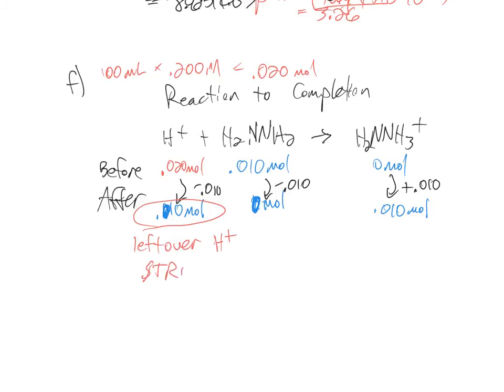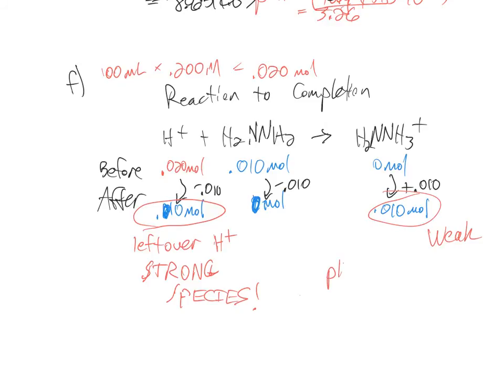If you have leftover strong species, that is going to be what governs the pH, not the leftover weak species. Yes, the weak acid will contribute some hydrogen, but not nearly as much as what the strong acid will contribute.